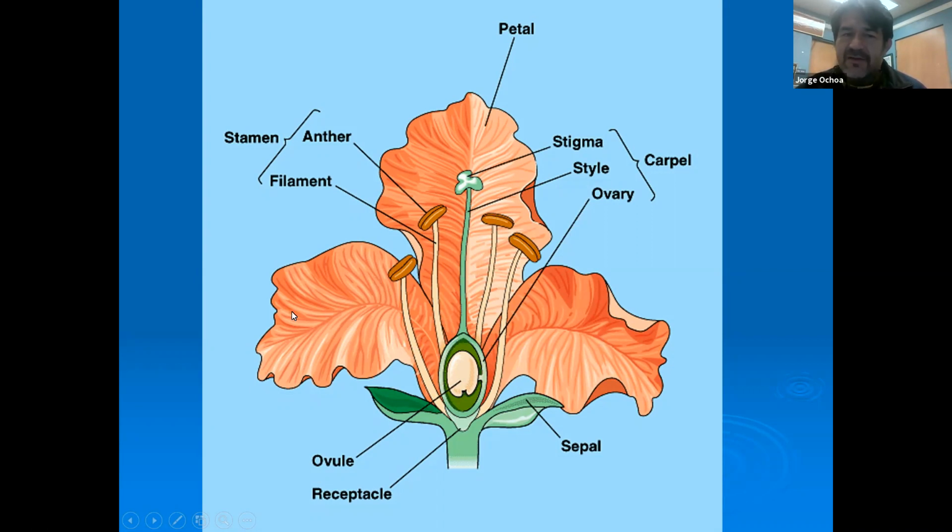Some of them are going to have unique items that evolve just in their own lineage. But what's important is that we can take this generic flower, and plants are going to change it. So when we look at a hibiscus flower, which is going to be the representative for this group, we see that it's not exactly the same as the previous image.